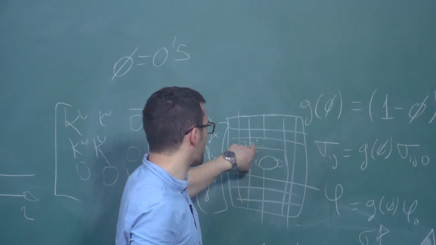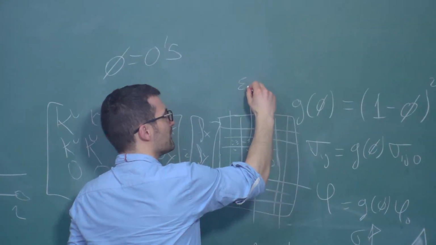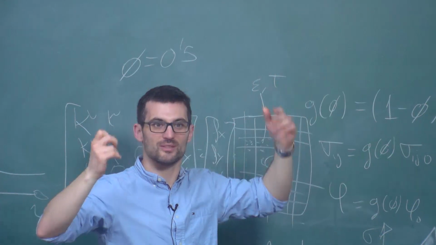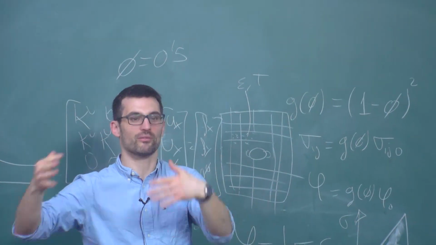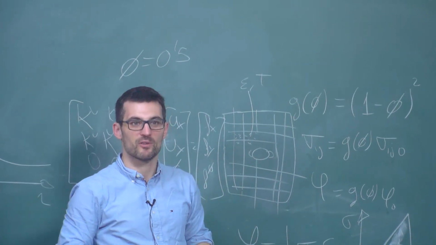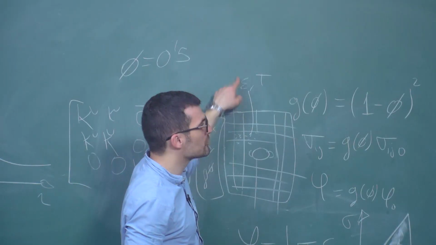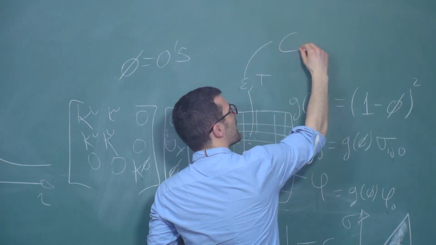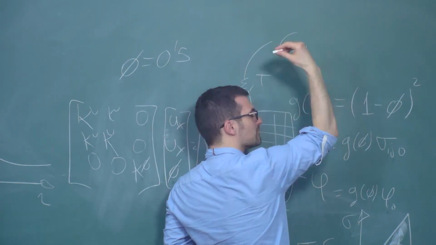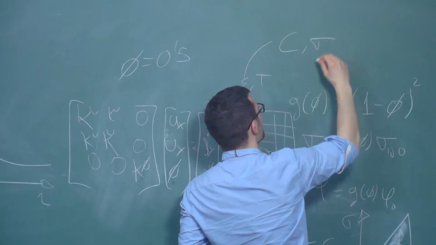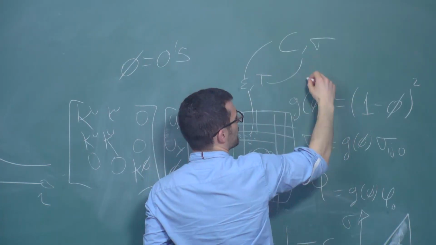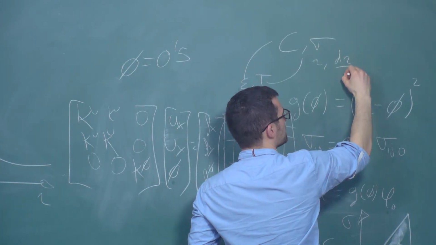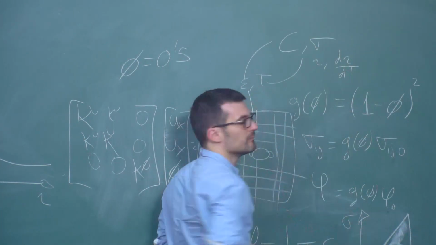Abaqus is telling you for each of these what the strain and the temperature are, solving those two equations, the steady state heat transfer, where we have cheated Abaqus and told it that this is the phase field equation. And then you go into this code and tell Abaqus, based on the strain, this is my Jacobian matrix, the constitutive matrix. This is my stress, and also based on the temperature. And of course, we also need to define this source term and the derivative. That's the only thing we need to do.